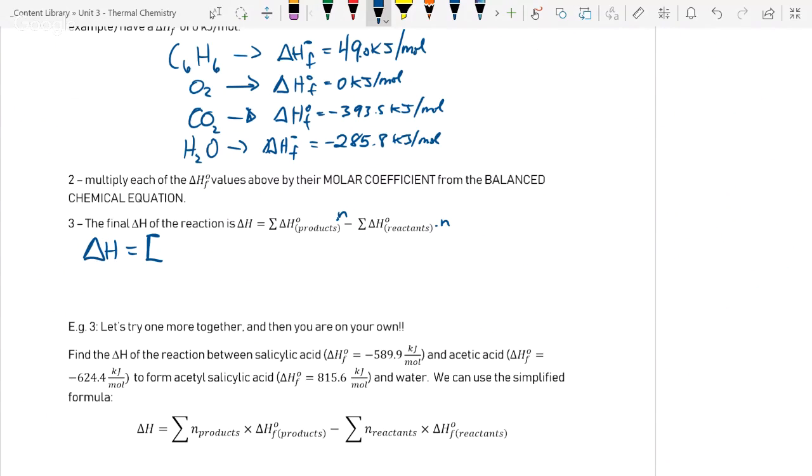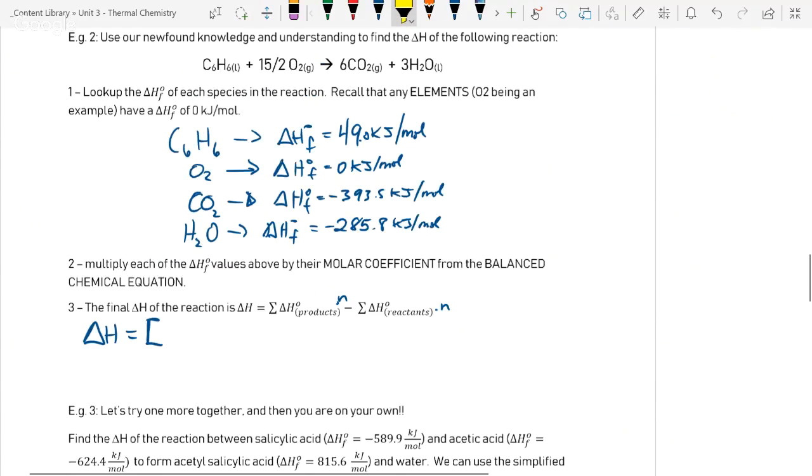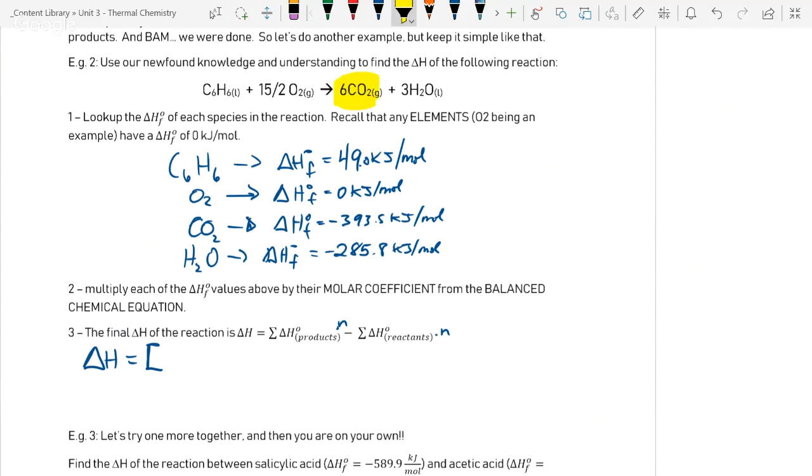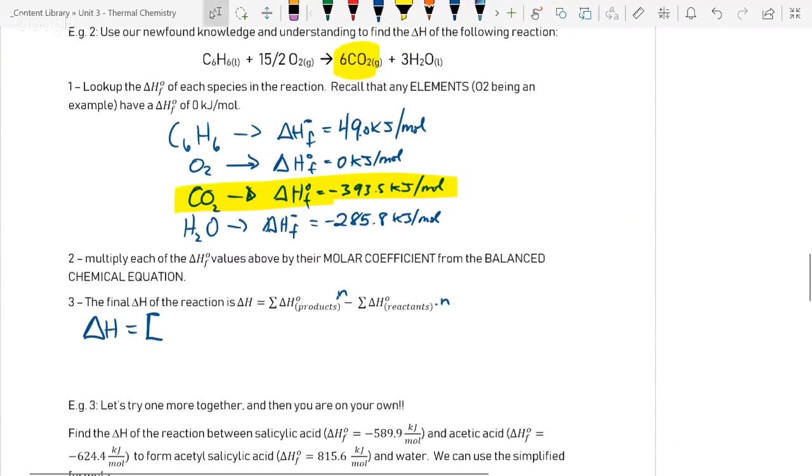So let's go through. What are your products in this? So first we've got CO2. How many of them? So what am I going to write here? 6 times, which is what?